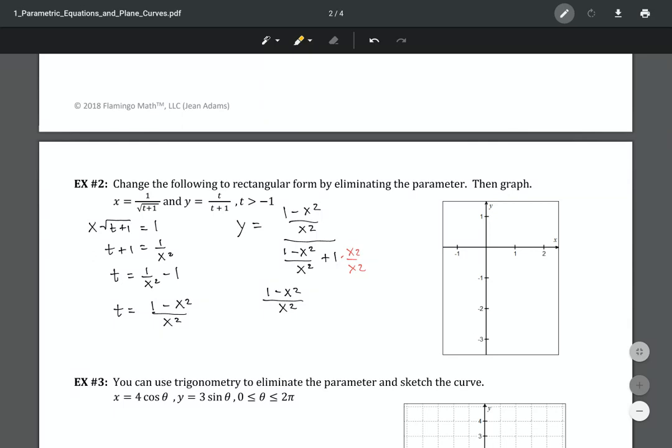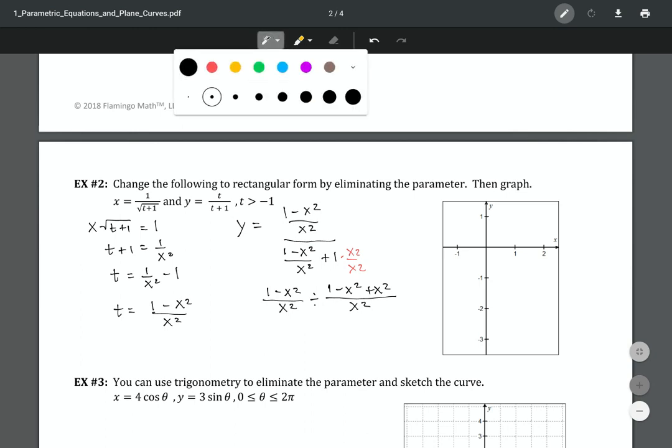Then I have 1 minus x squared plus x squared, all over x squared. I just rewrote that in a slightly different way. Notice that the x squareds are going to cancel.